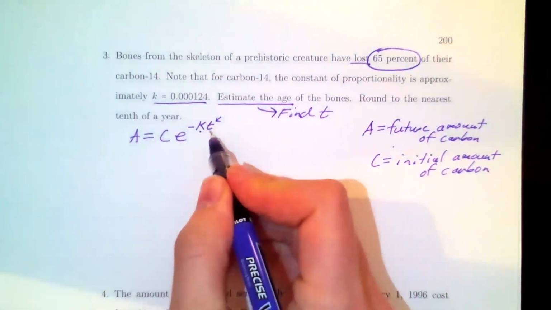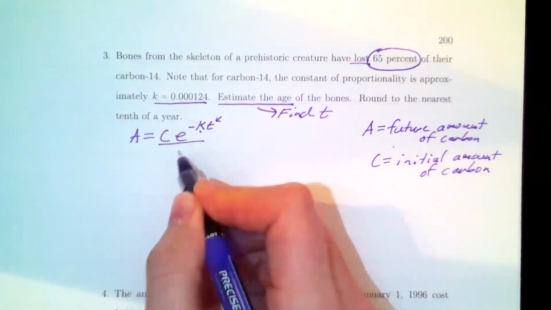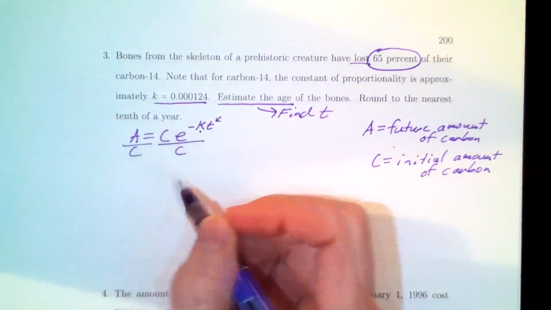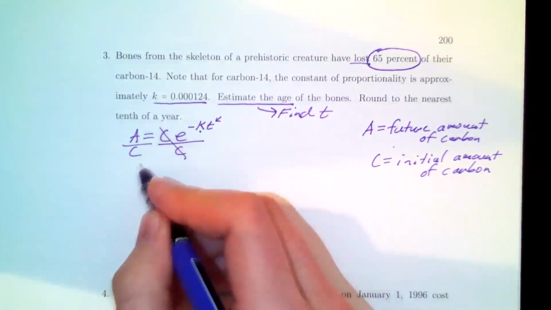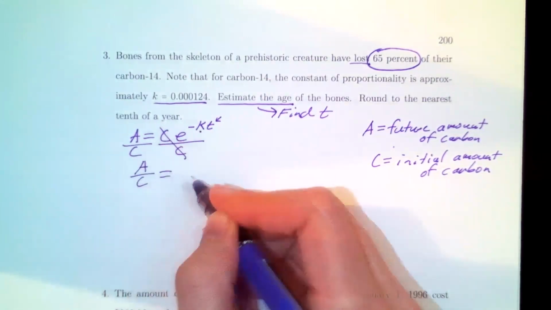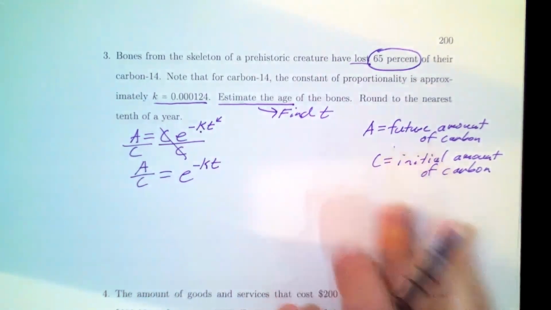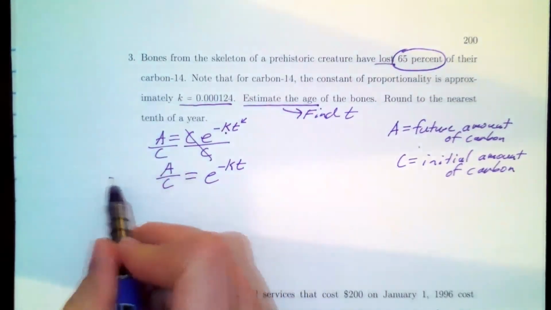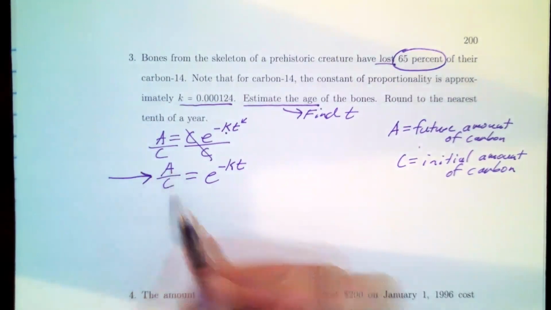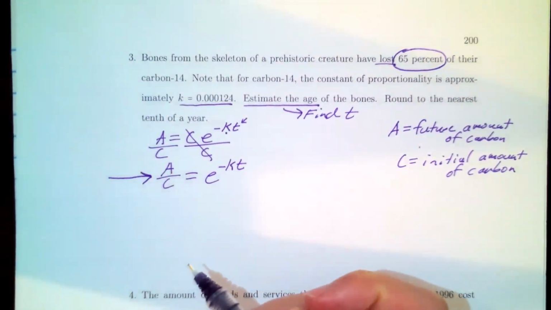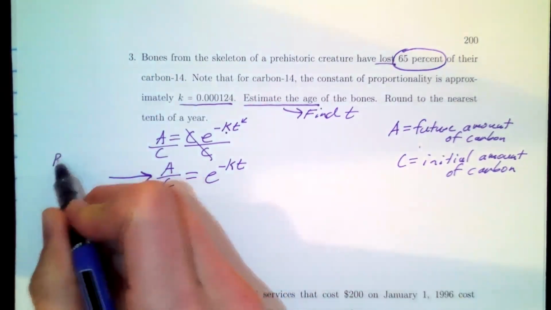How is it that we usually solve for T? What's the first thing we do? We divide this constant away, no matter what it was, so that you get A over C equals e to the minus kt. I made this comment last time, but now is a really good time to mention it again. This fraction A divided by C represents the percent of material that remains.